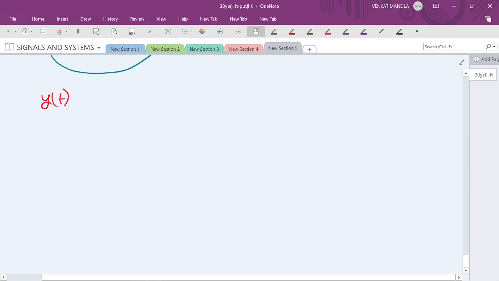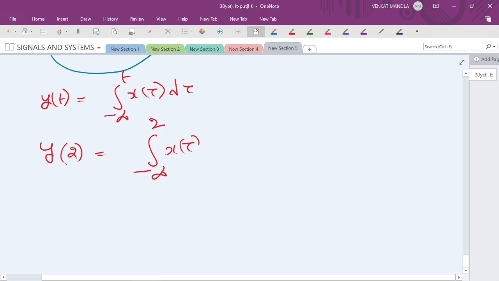y(t) equal to integral from minus infinity to t of x(tau) d tau. Let us say y2 equal to integral from minus infinity to 2 of x(tau) d tau. Here the limits are tau equal to minus infinity to 2. So 2 is the present value for the output, which depends on present input.